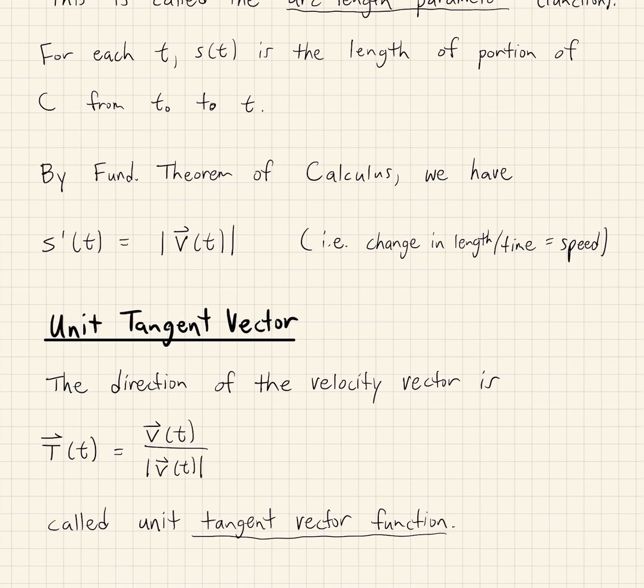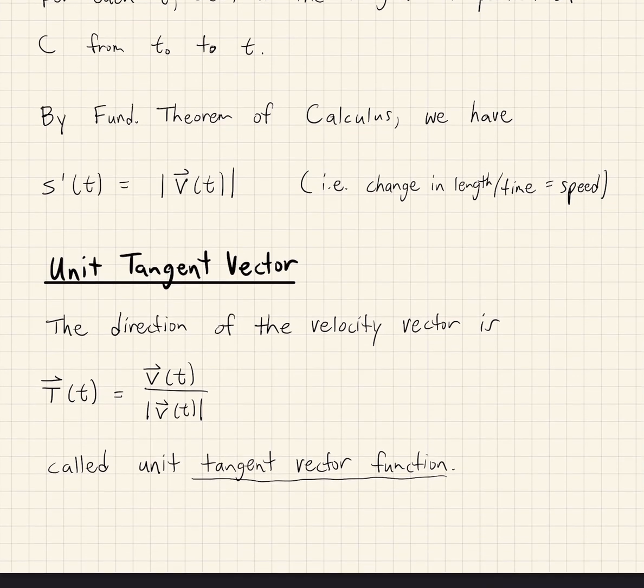Change in length with respect to time should equal speed. Remember, speed is just a non-negative number that's telling you how fast you're moving. Velocity is tracking speed and direction you're heading. But speed is just that magnitude portion of velocity.